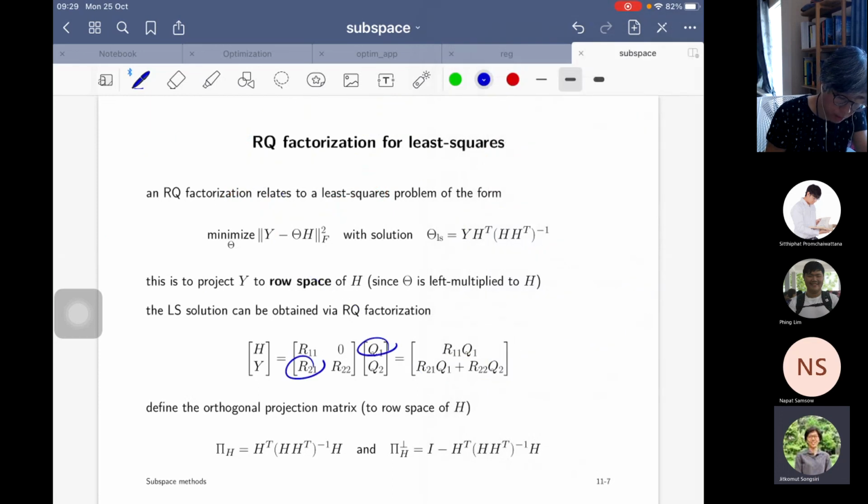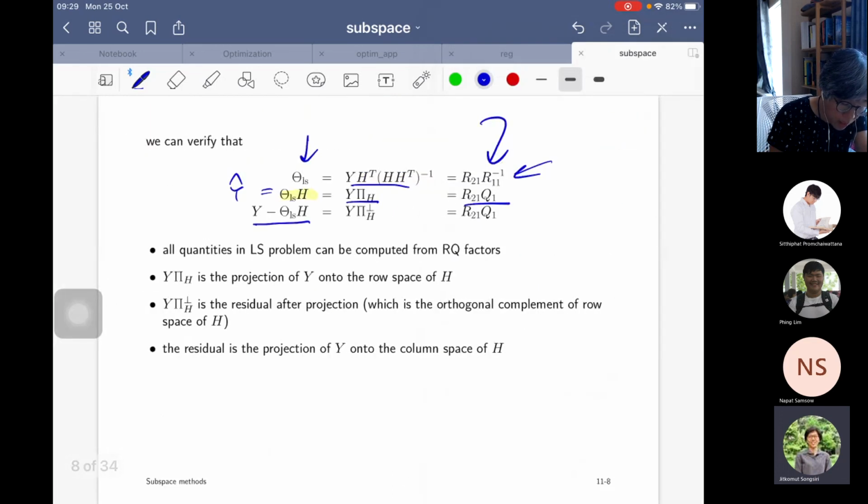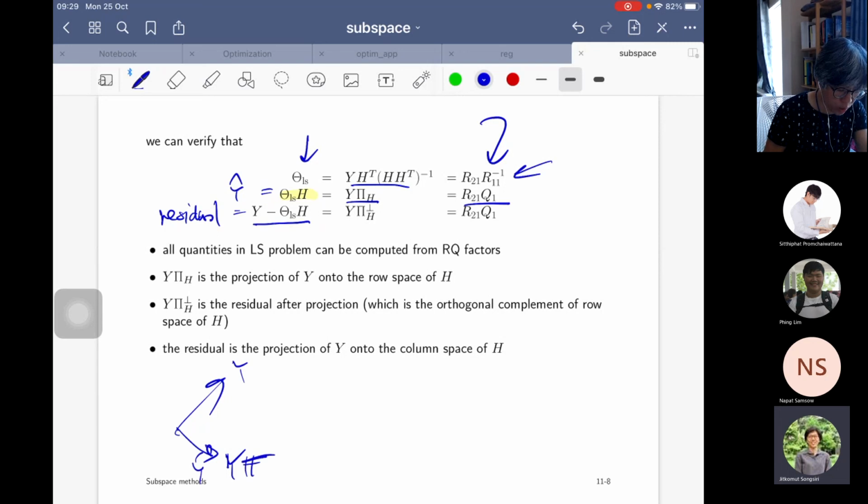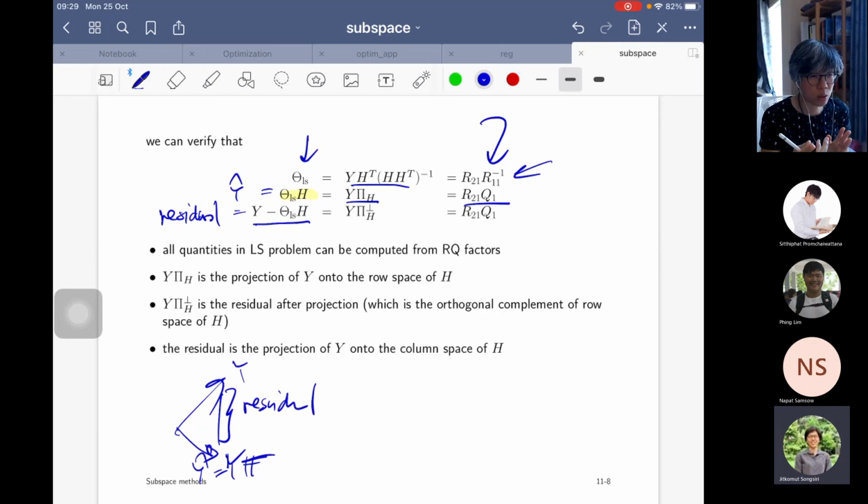And y minus theta hat times H is the residual error after the projection. You project y onto the row space of H. Of course, the optimal residual will belong to the row space of H perp, and that's given by y times pi perp, and you can show that it's given by the RQ factors.